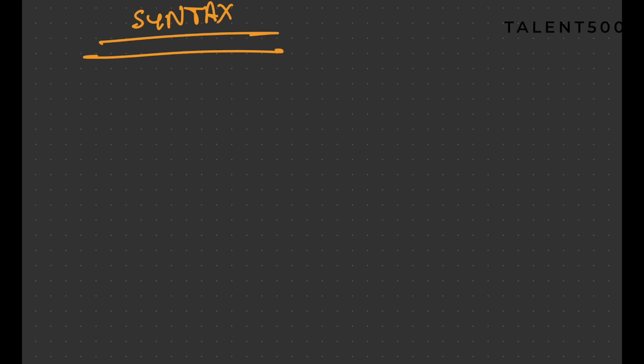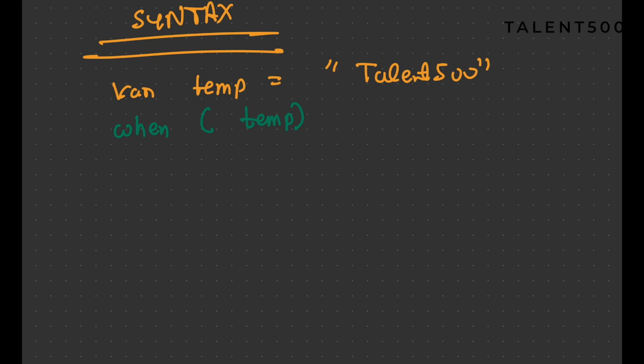So let's say I have a variable, var temp, temp is the name of the variable, and I assign it Talent500. Then I can do something like this: when temp, I have to give some options here.